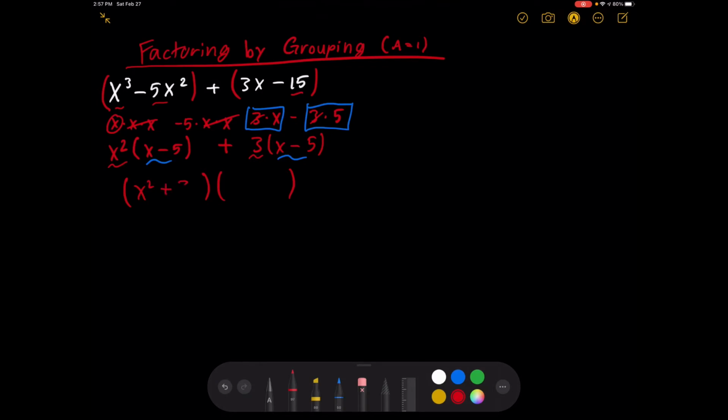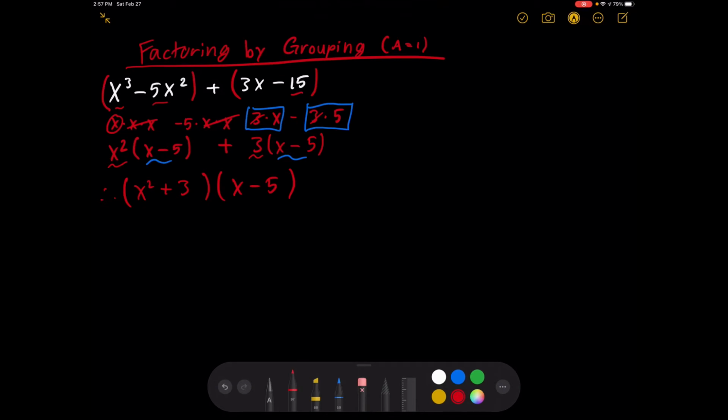Just think about it as the stuff beside the parentheses is going to go together: x squared plus 3. Then in the parentheses on this new one, we're just going to keep that x minus 5. It has to stay the same because we're just saying x squared times this plus 3 times this is the same as x squared plus 3 times this. So you're just going to have x minus 5 now. And that's really all you need to do for this problem. That's the answer right there.